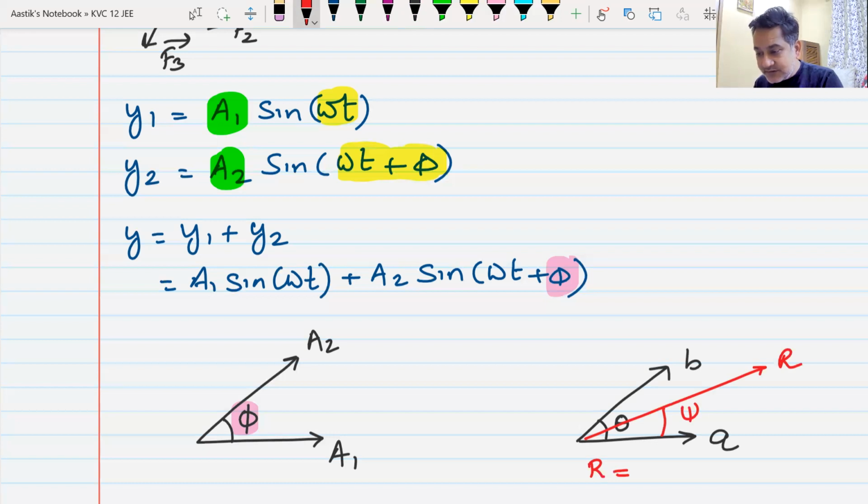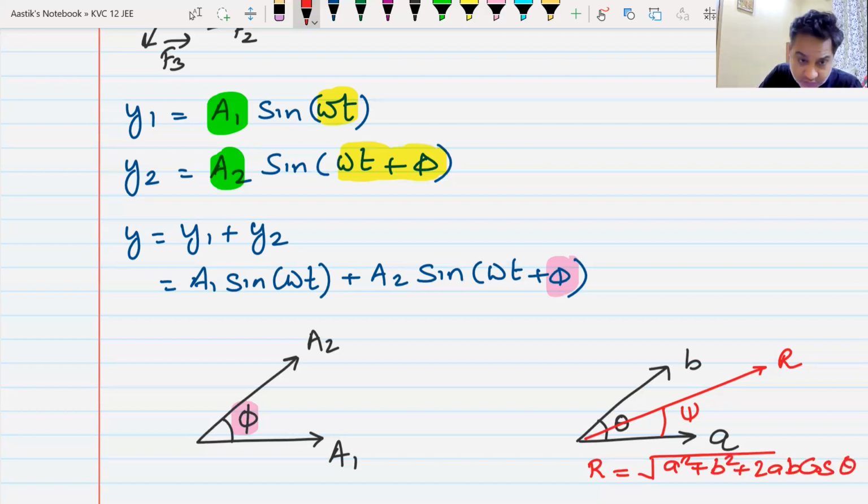What was the value of this resultant? Under root a square plus b square plus 2ab cos theta. Well done. That was the resultant of these two vectors.